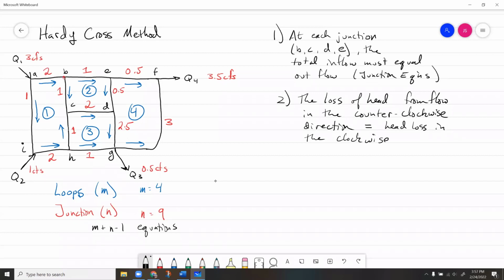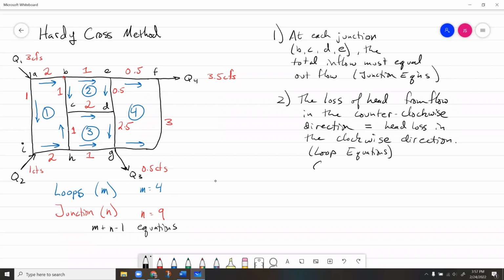So that's how we're going to decompose these loops for our loop equation, by counterclockwise and clockwise flow paths.